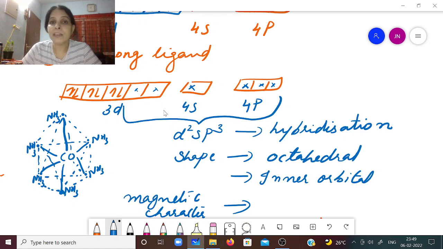Paramagnetic means very weakly magnetic. Clear? And what is the criteria for this? There should be unpaired electrons to be paramagnetic. If unpaired electrons are there, only then the complex is paramagnetic. If all the electrons are paired, then the complex is diamagnetic.